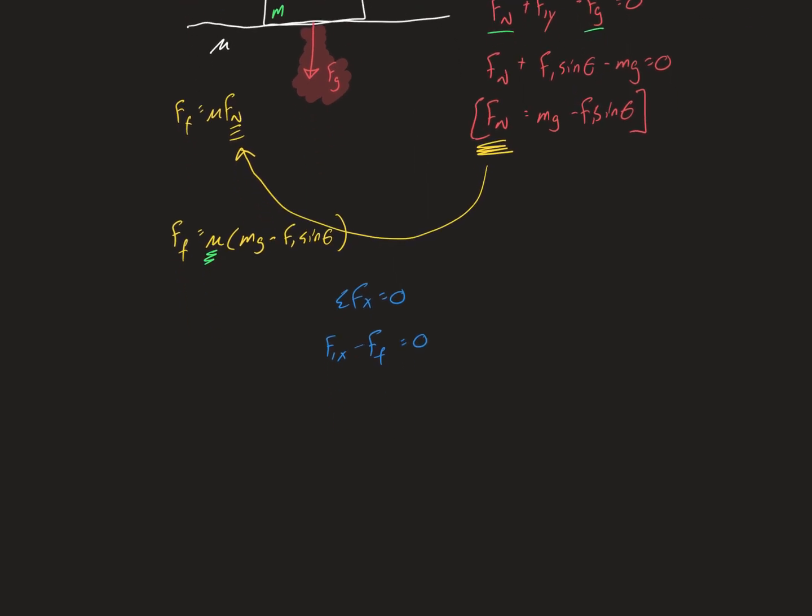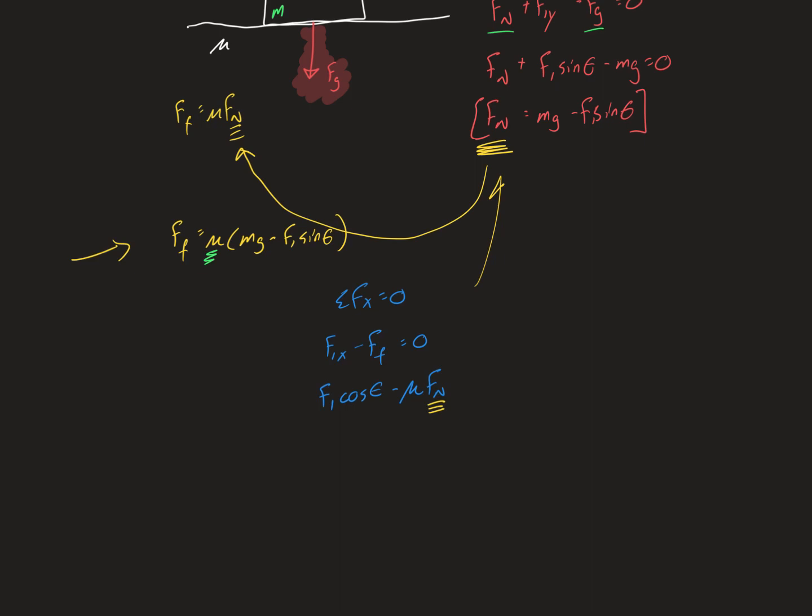There's lots of different things you can do here. This would be F1 cosine theta minus mu times the normal force. And remember, the normal force can be expressed using this idea up here, that big expression. So there's lots of different ways we can describe what's going on.